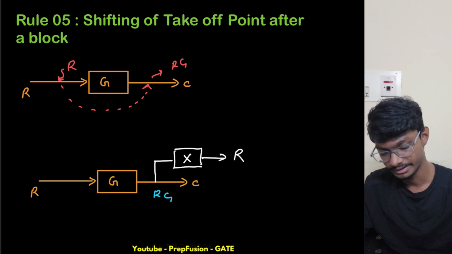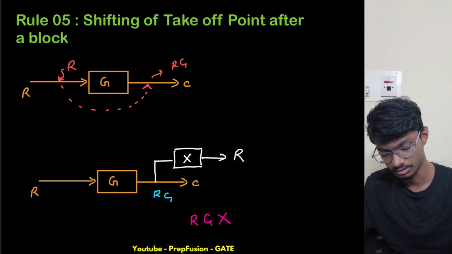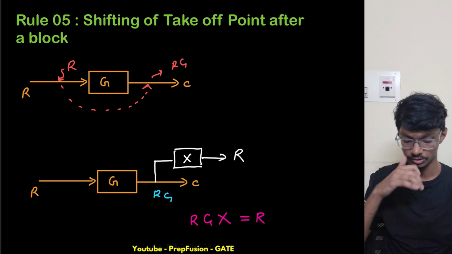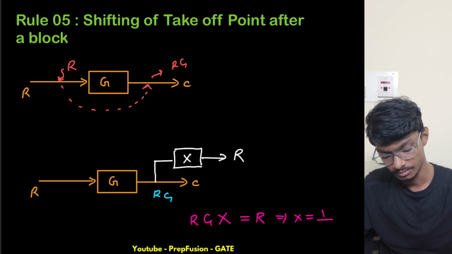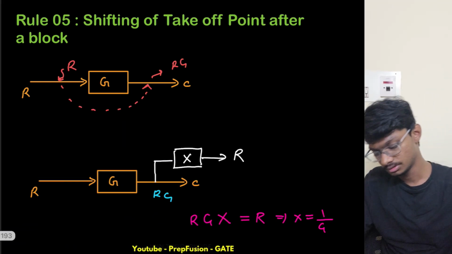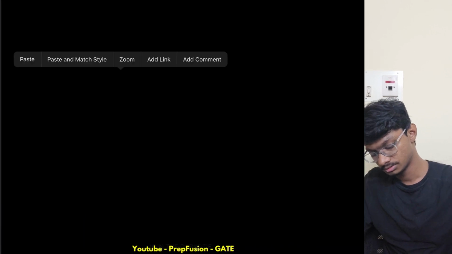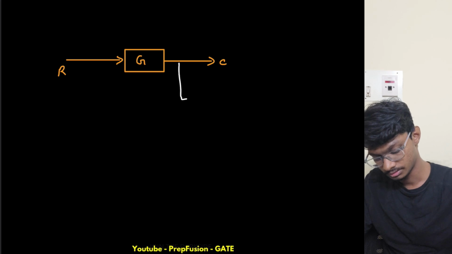So I can write the equation: R times G times X equals R. So what will be the value of X? X will become 1 by G. So the gain block gets divided.